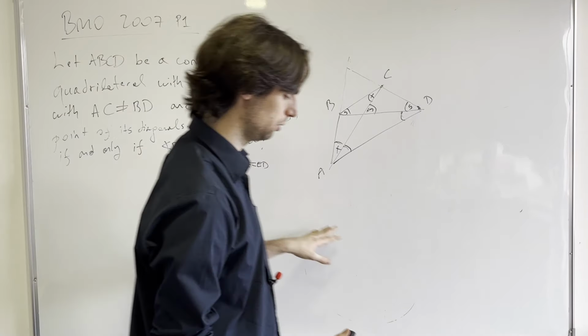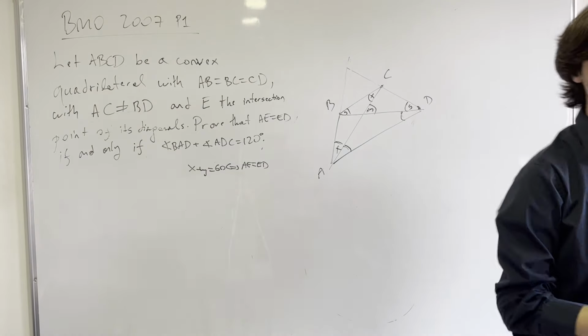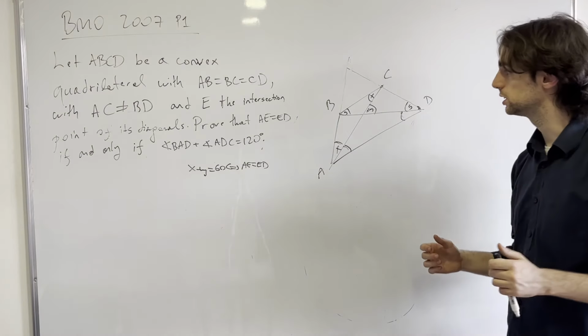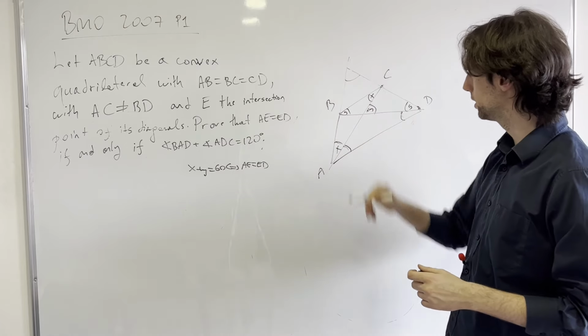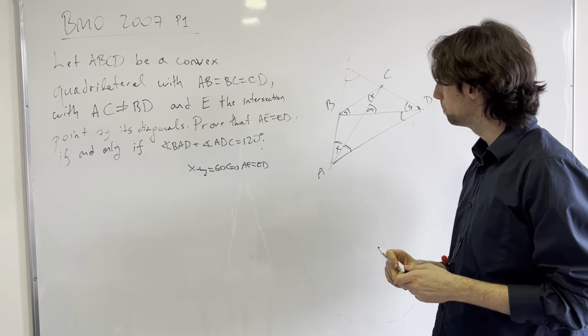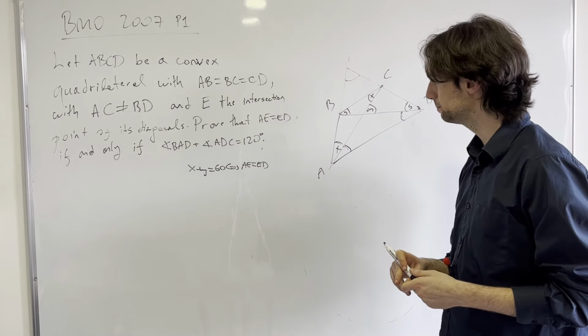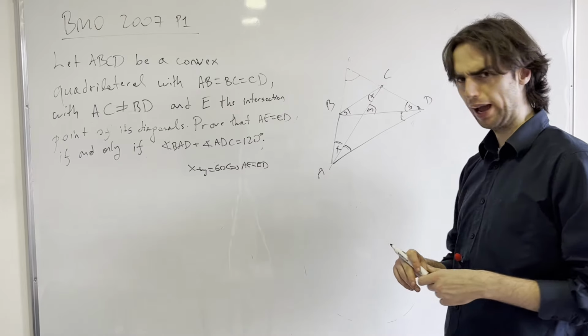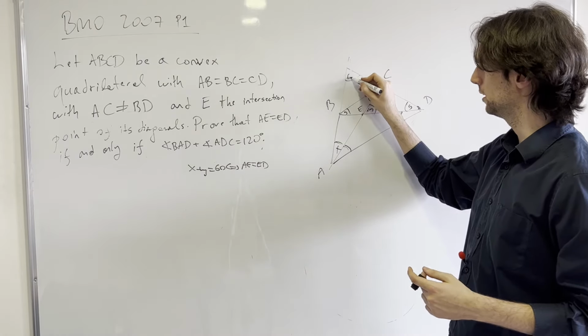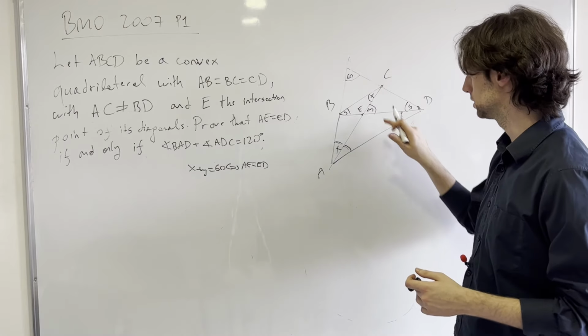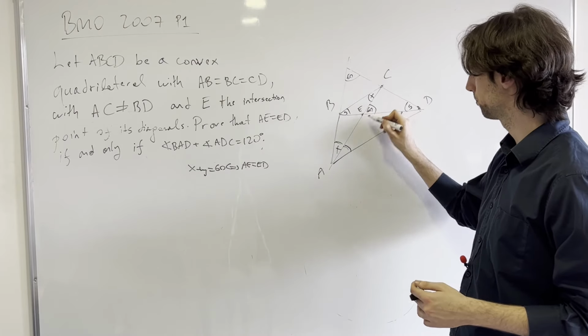Now, how are we going to go about this? Well, there are a couple of ways we can go about this. One way is to say, okay, I'm going to need to have this angle right here be 60. Let's see, what do I have if this angle is 60? If X plus Y is 60, then this is 60, and so is this.